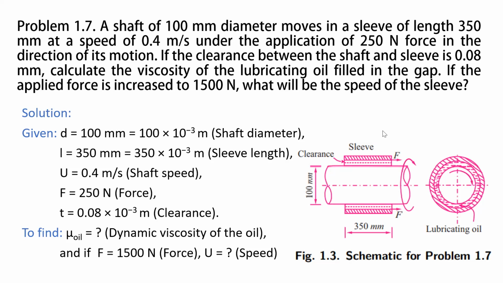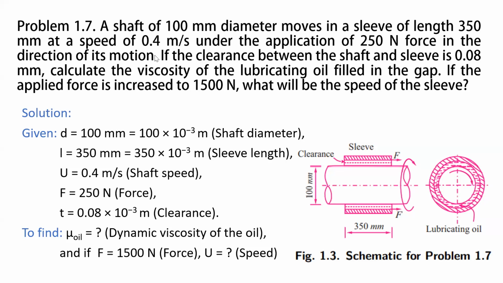So this is the next problem. A shaft of 100 millimeter diameter moves in a sleeve of length 350 millimeter at a speed of 0.4 meter per second under the application of 250 Newton force in the direction of motion.